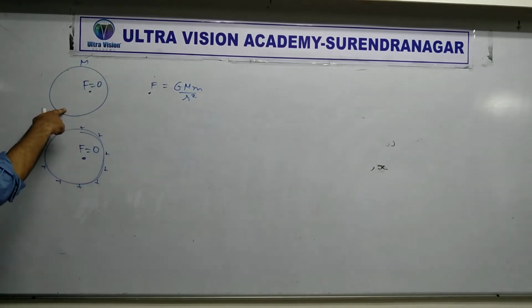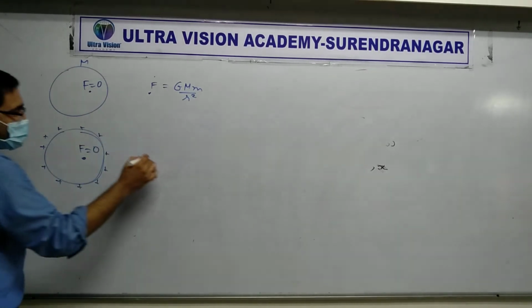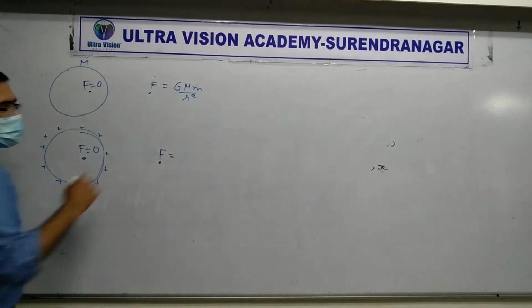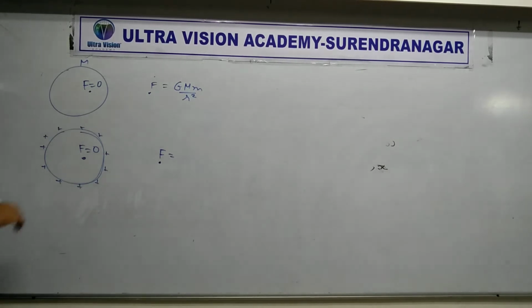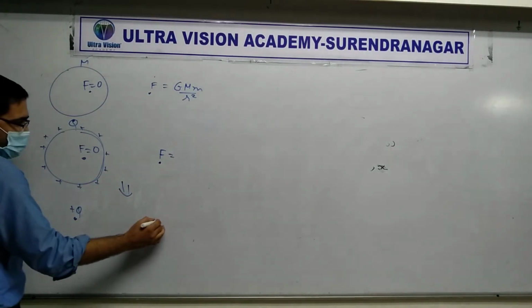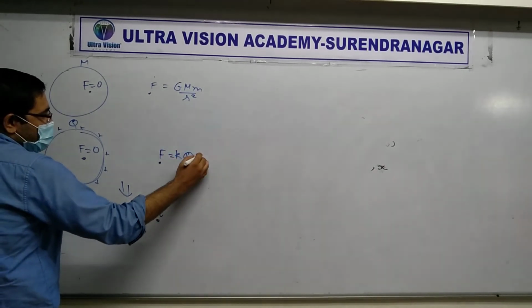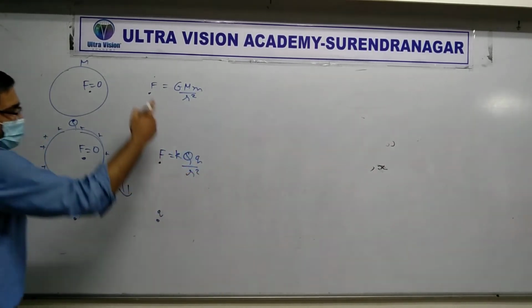Same behavior. Understood or not? Okay, high level now: instead of mass it is charge. What if it's outside? You can assume all the charge Q is concentrated at the center. So this situation becomes just like plus Q here and some other charge q here. So the force will become kQq by R square.